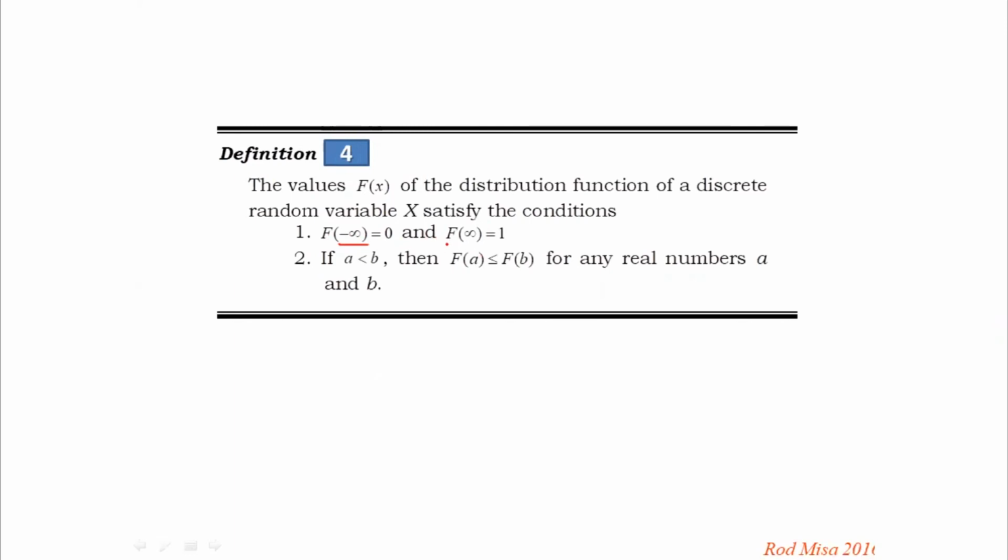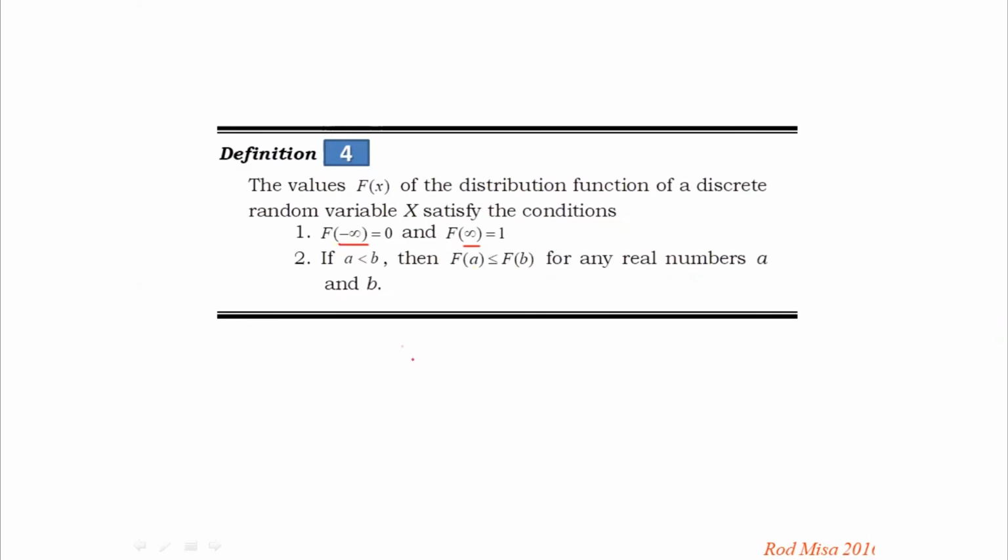But the cumulative distribution function of infinity is 1, because this starts from the left up to positive infinity. So it's obvious that the cumulative distribution value of positive infinity is 1.